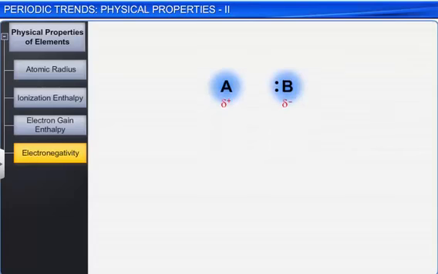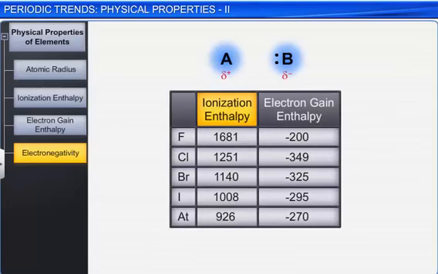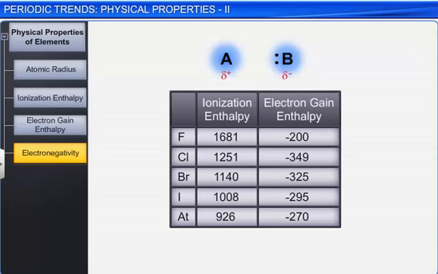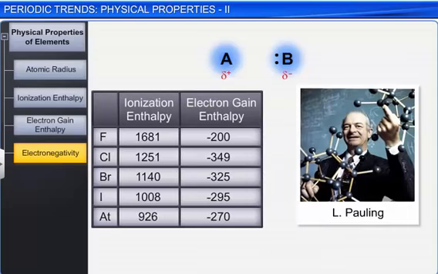It differs from ionization enthalpy and electron gain enthalpy, as it is the property of the atom in the bonded state and not in the isolated gaseous state. Electronegativity is a qualitative term that was devised by L. Pauling for better understanding of covalent bonds and their polarity.